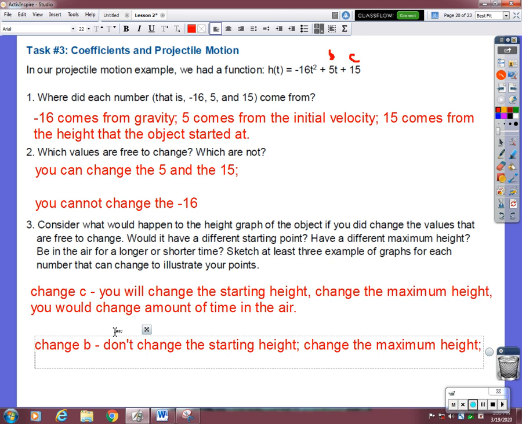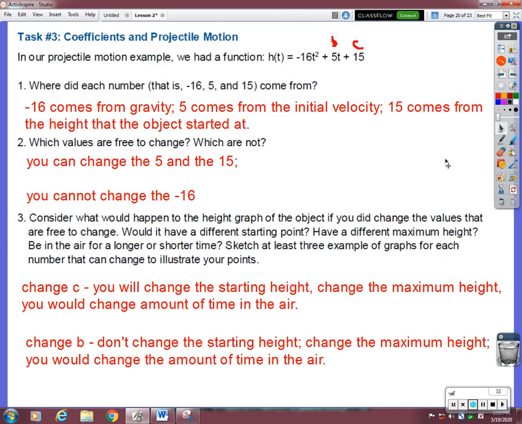And then you would definitely also change the amount of time that the ball is in the air, because if you throw it harder, it's going to go higher, and if it goes higher, it's going to be in the air for longer. If you throw it softer, then the opposite's going to be true. All right? Okay, so that's all I got for you today.